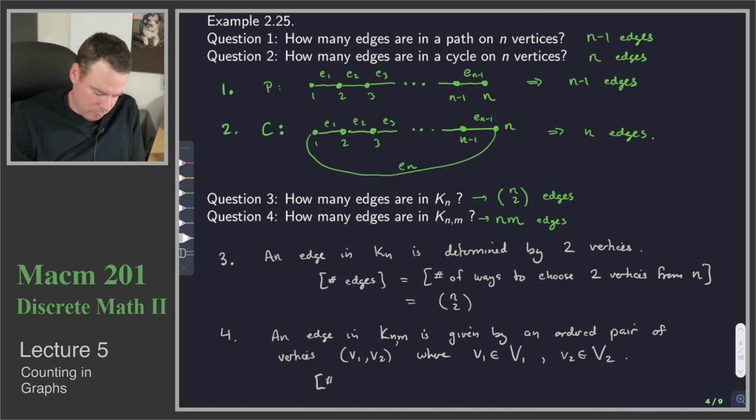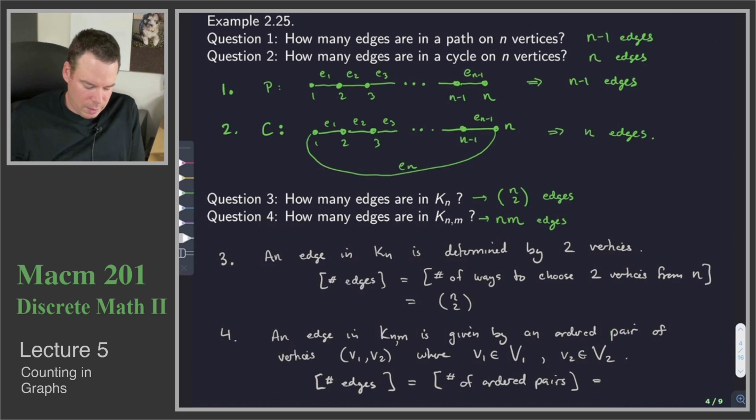So that means that the number of edges is equal to the number of ordered pairs. And how many ordered pairs are there? Well, there's n choices for V1 and m choices for V2. So it's the size of V1 times the size of V2, which is n times m. And so that's the number of edges we have in the complete bipartite graph Knm.